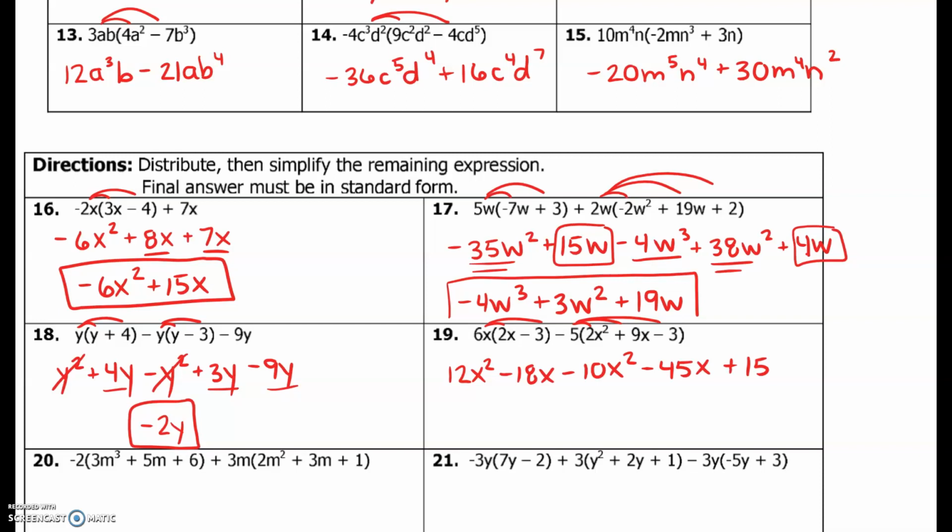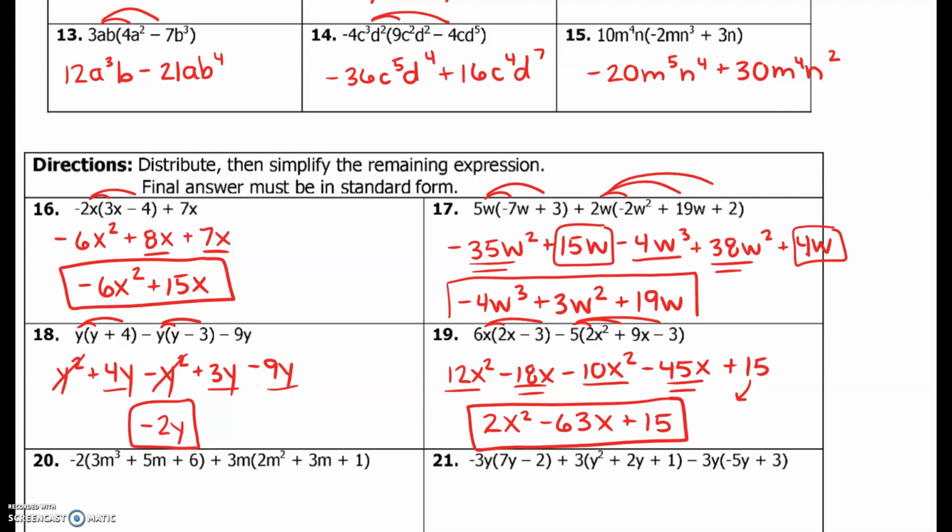At this point, combine your like terms. You have 12x squared minus 10x squared. 12 minus 10 is 2. You have negative 18 and negative 45. That gives you negative 63x. And you have one constant term left over that you will bring into the final answer, plus 15.